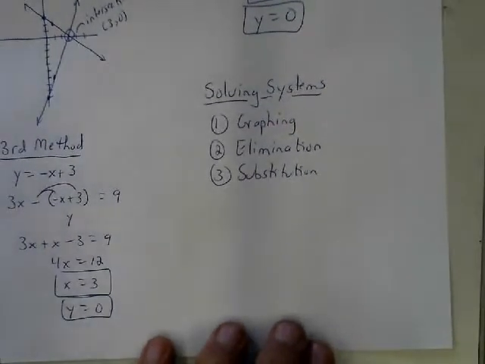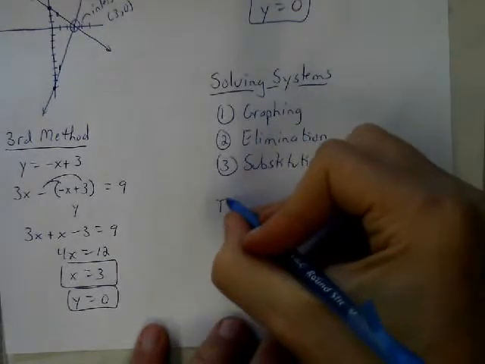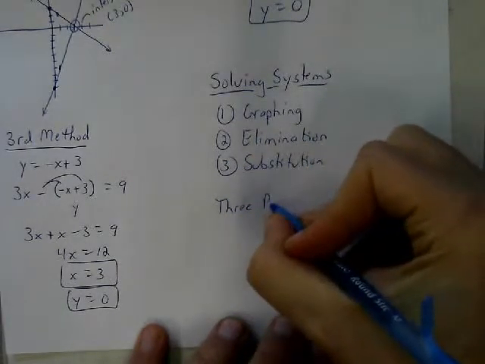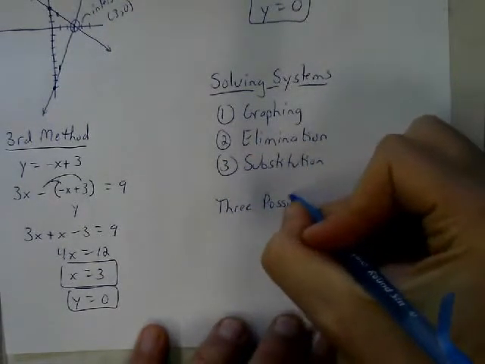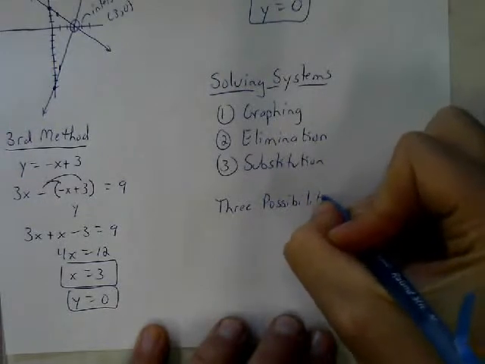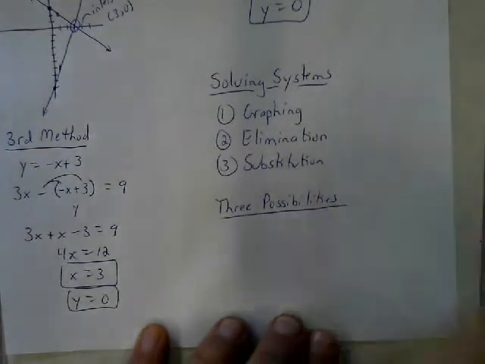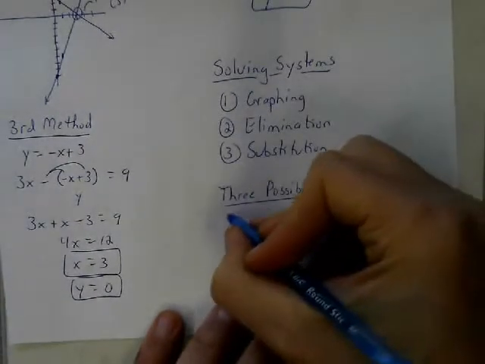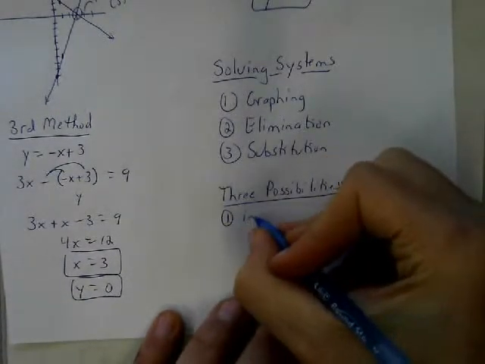When we're solving a system of linear equations, there are 3 possibilities for your answers. One, they could intersect at one point.